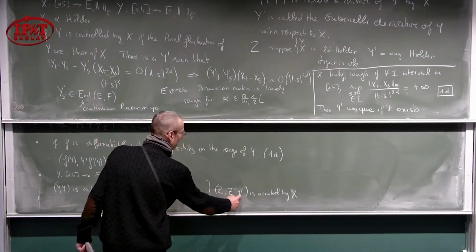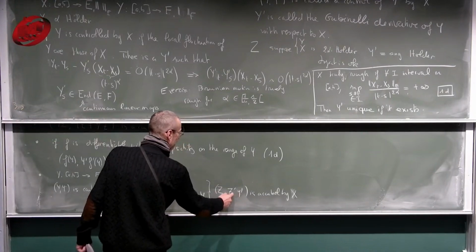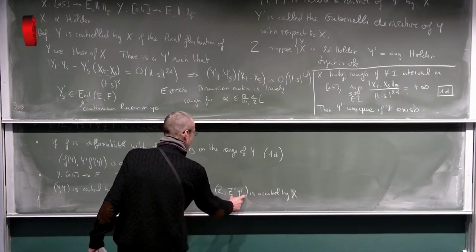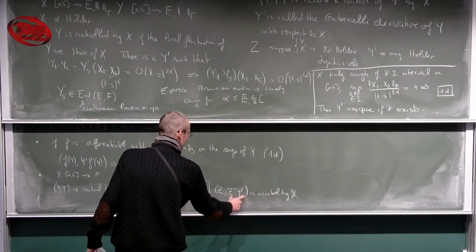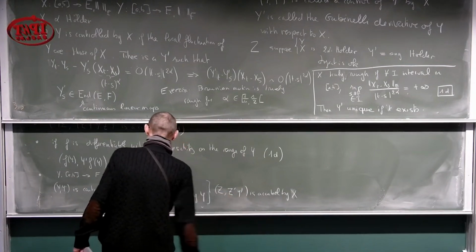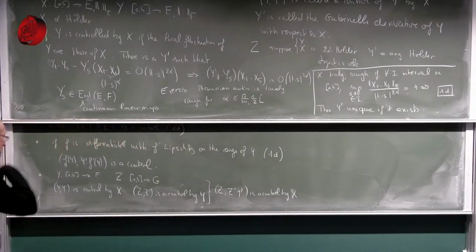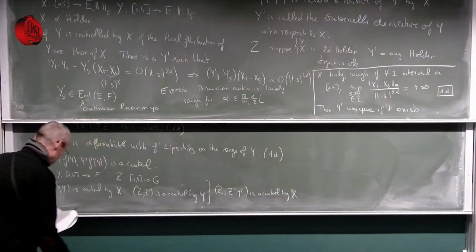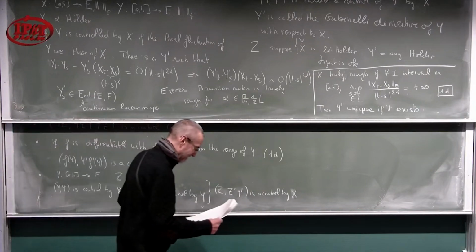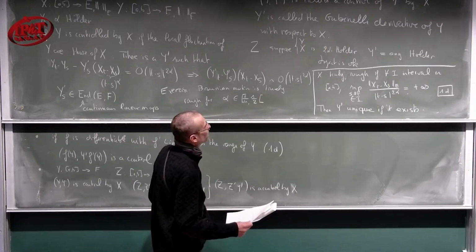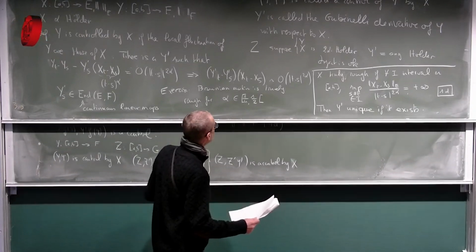This one takes you from E to F, and this one from F to G. So indeed, this is a linear map from E to G. Okay, so these are very simple properties that you can check for yourself easily.